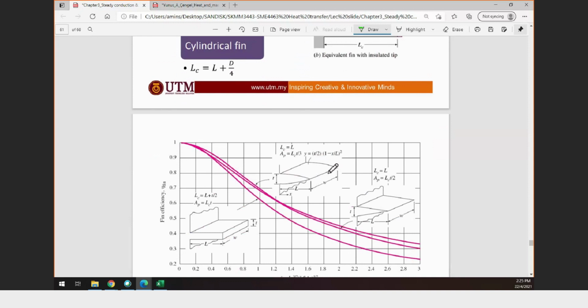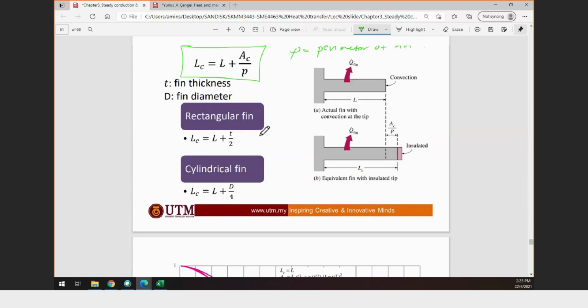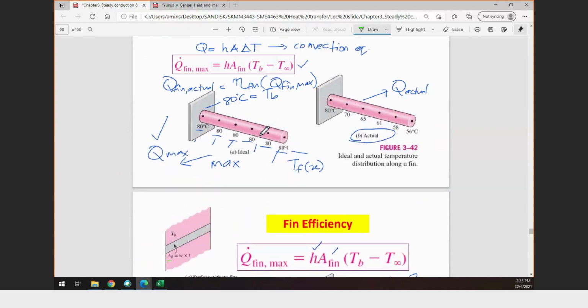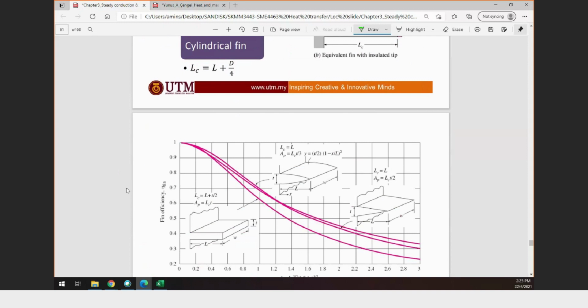There is another way to calculate the fin efficiency, using a graph. So the first method to calculate fin efficiency is using the equations in Table 3.3. Another method is using a graph.